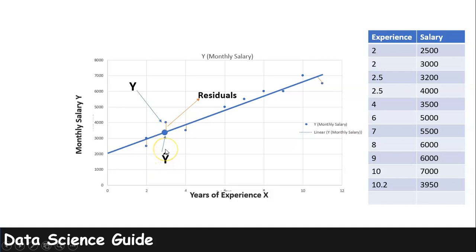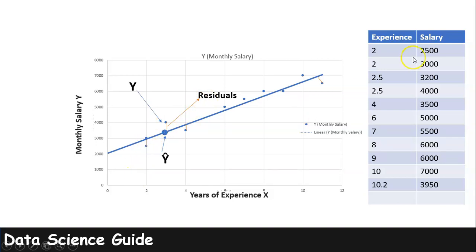And you remember in the previous tutorials we said that y hat is the value predicted by the regression model, and the actual value is y. So this is y hat and this is y. And you see there is a gap between these two values, and we call this difference residuals. So this is the first residual.